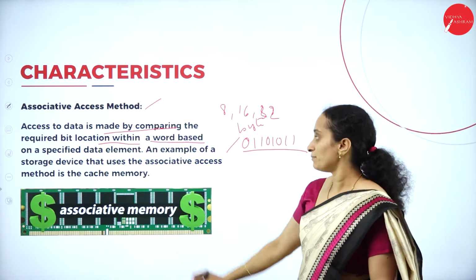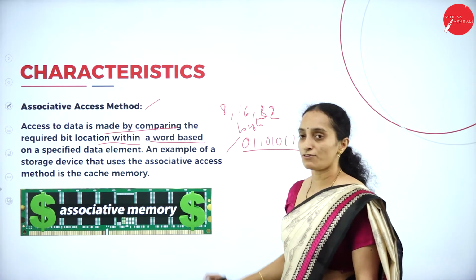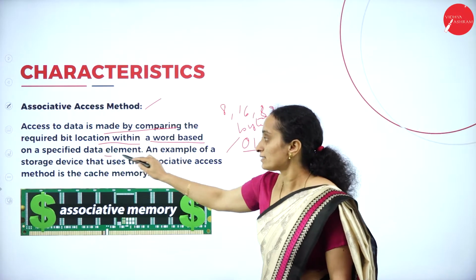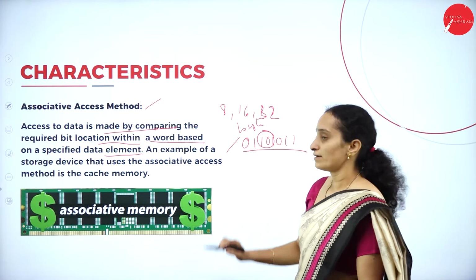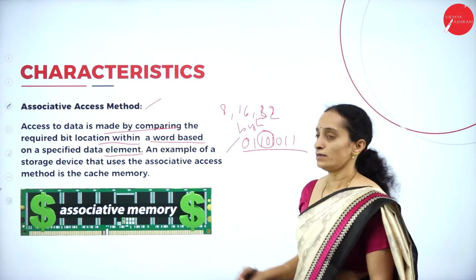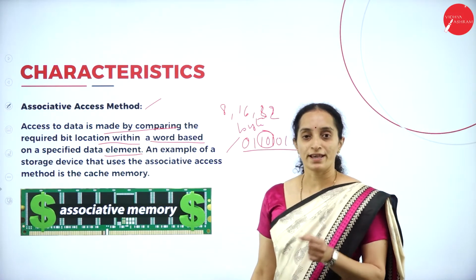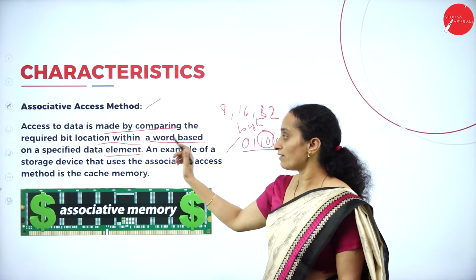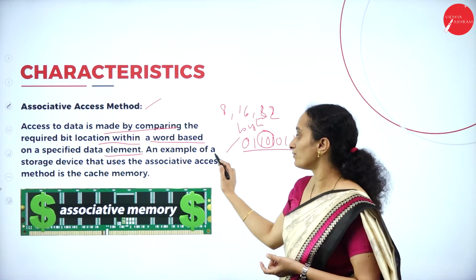Access to data is made by comparing the required bit location within a word based on a specified data element. If you want a bit pattern 101, they will be notifying a bit location within a word based on a specific data element. What data element you need?